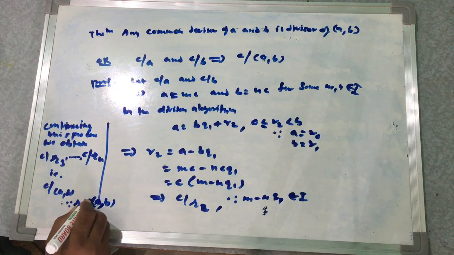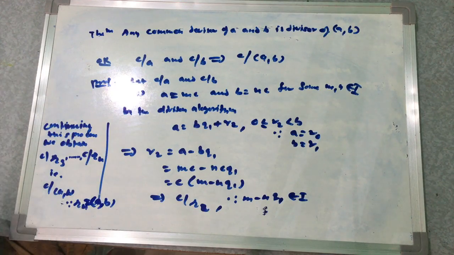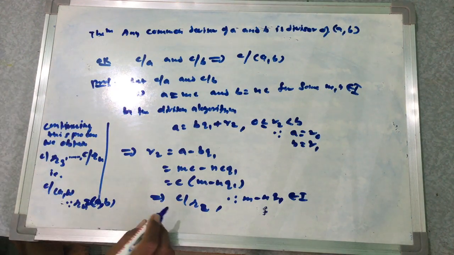This is gcd(a, b). So in this manner we have to find out the values.